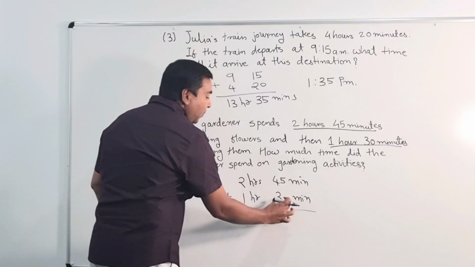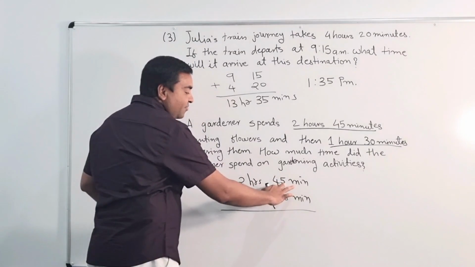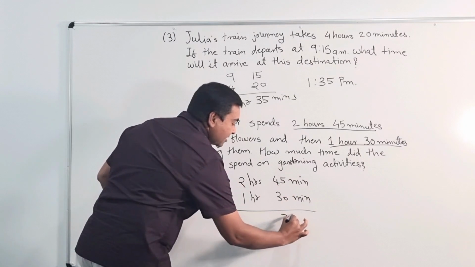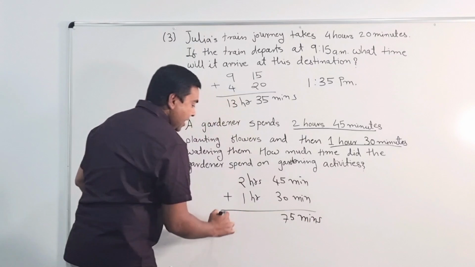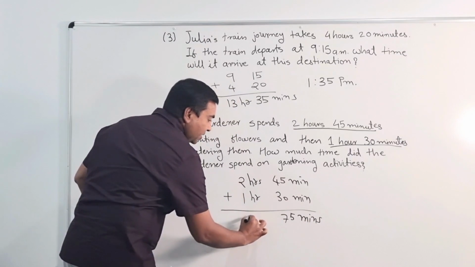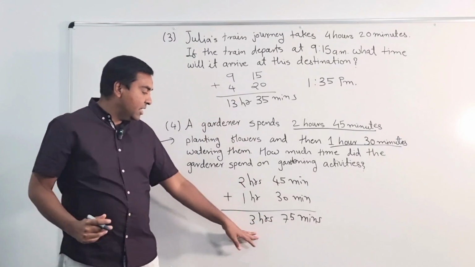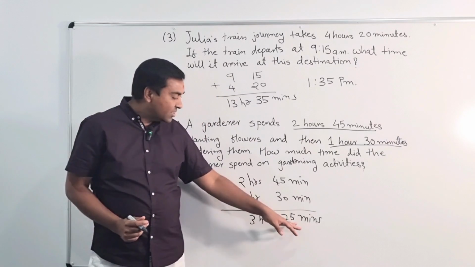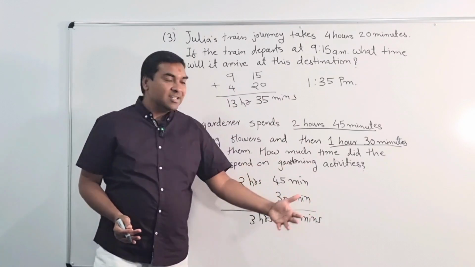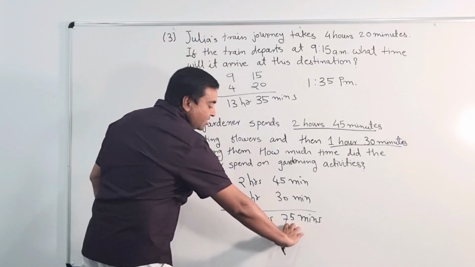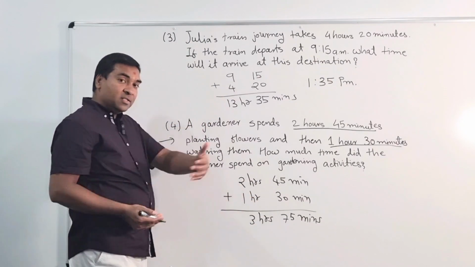So 45 plus 30: 45 plus 10 is 55, 65 and 75. So there will be 75 minutes. And 2 hours plus 1 hour is 3 hours. Now we can see the time is 3 hours and 75 minutes. But 75 minutes is more than 60 minutes, so I can take my 60 minutes off and increase my hours by 1, because 1 hour is 60 minutes.